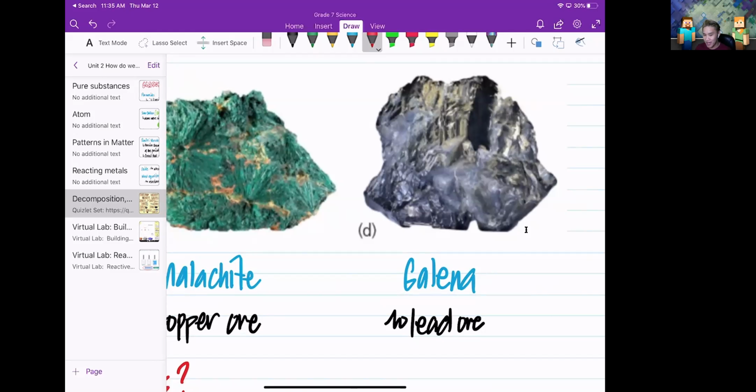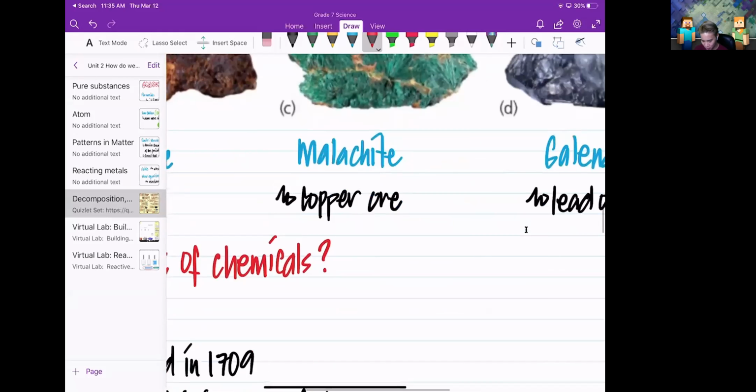So it has lead sulfide, and we extract lead from this ore. So these are the ores. We extract these metals from these metal ores.